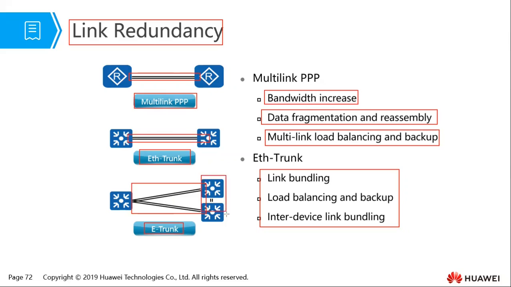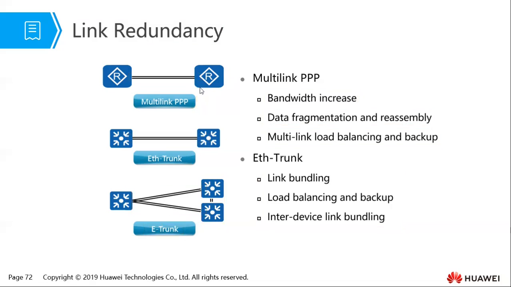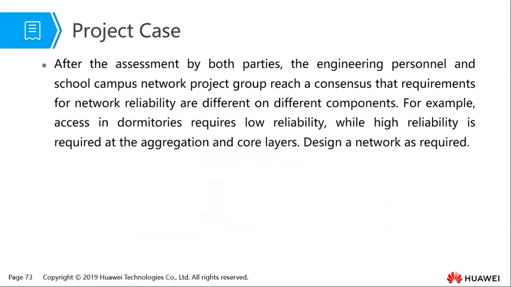So you bundle these lines together. There's a technology called eTrunk, which I encourage you to look at so that you can understand how it works. So it's also one of the link redundancy strategies.